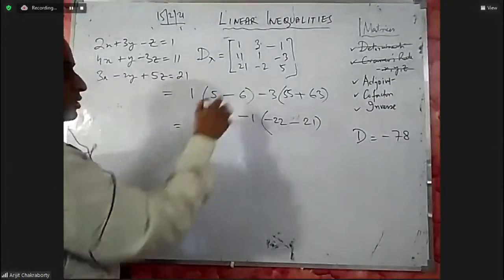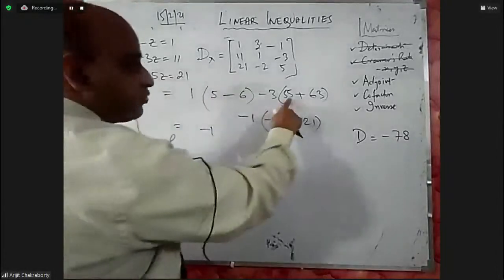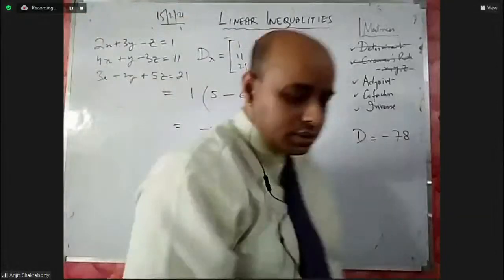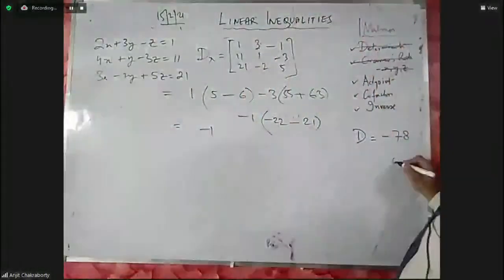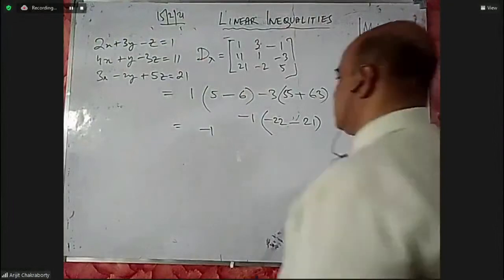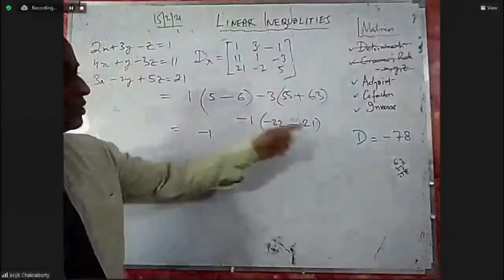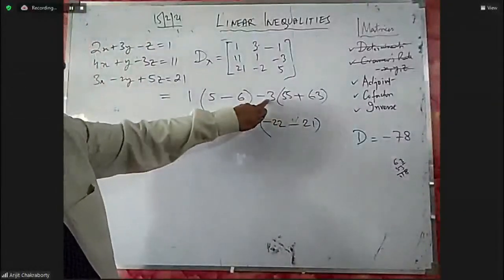5 minus 6 is minus 1. Minus 1 into 1 is minus 1. 55 plus 63, how much is that? Let me work out. 63 and 55, so this is 118. 118 I have got here, please see, 118 multiplied by 3.